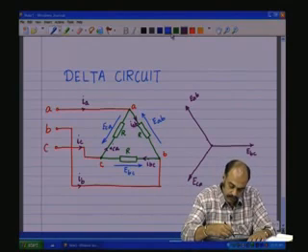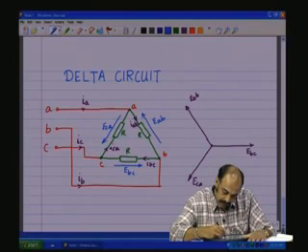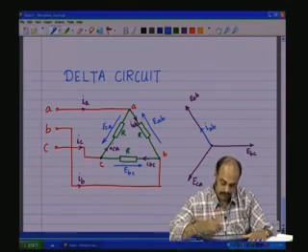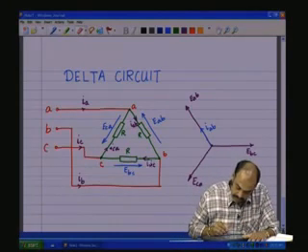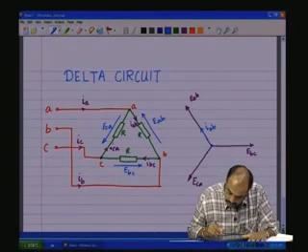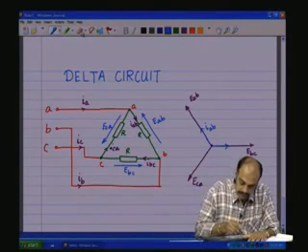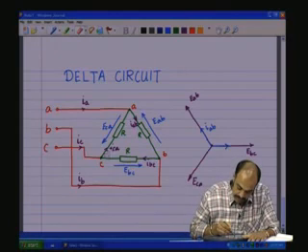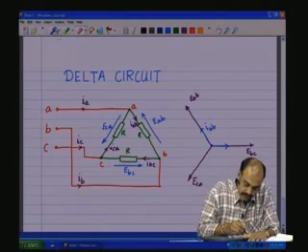So, therefore, the phase currents IAB will be along EAB, IBC here will be along EBC, same amplitude because the load is the same, and then ICA, which is flowing in this direction here, will be along ECA.